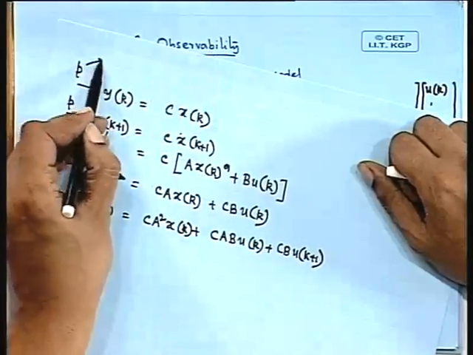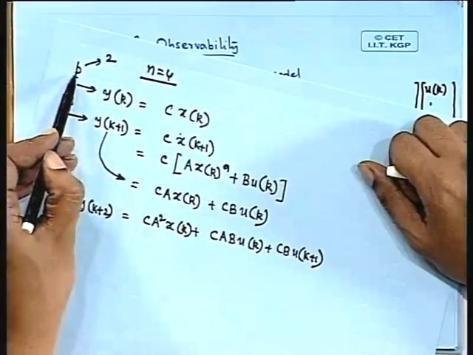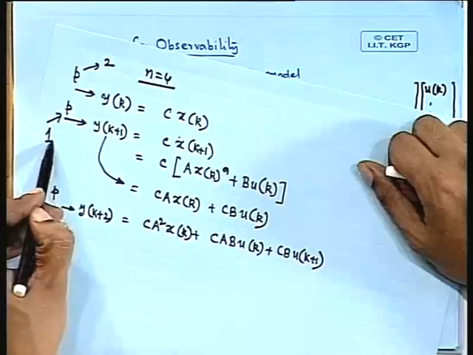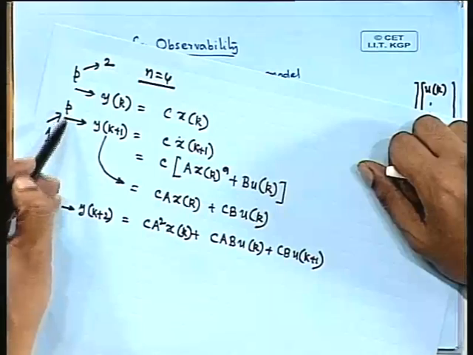For example, suppose p is 2, n is 4, it could very well happen. Then maybe from the first 2 you will get 2 linearly independent ones, from the second set you will get 2 equations, but one of them will be linearly dependent on the others. So that is not an independent equation. So you have to find out n independent equations. They should not be linearly dependent, right. So now the question is how many of them you actually need to consider.